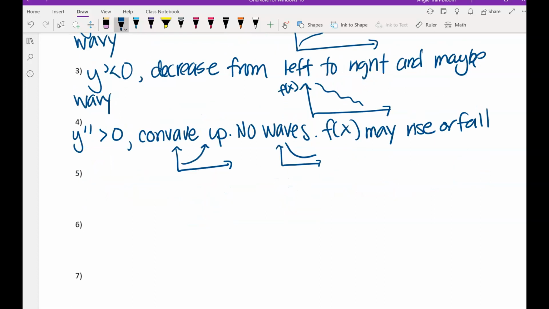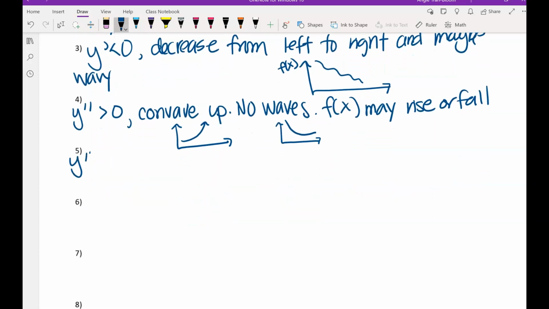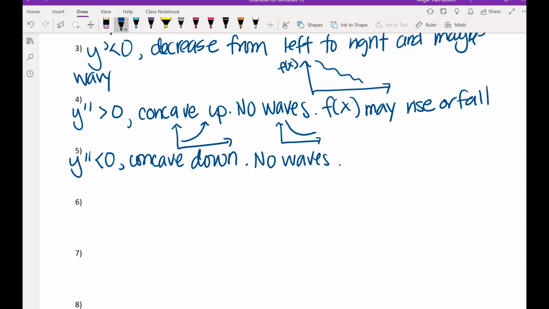Now, double derivative, if it's less than 0, we know by now that it's concave down. I can't spell concave. Concave down. Okay, no waves, and f of x may rise or fall.